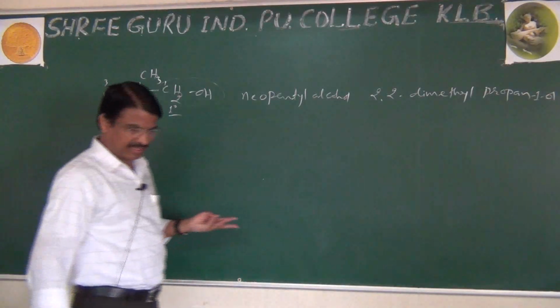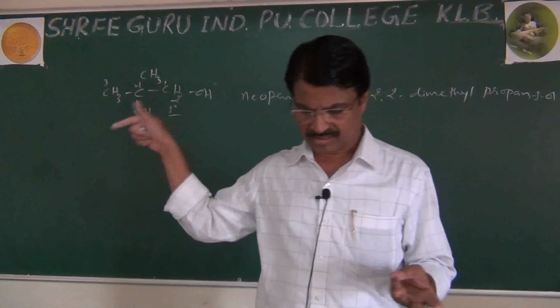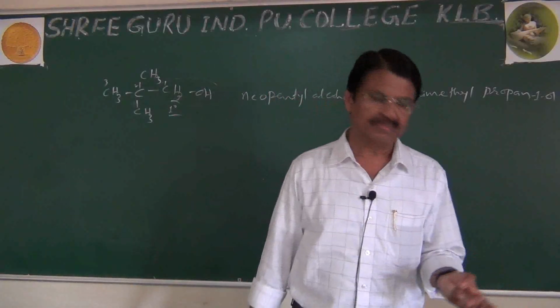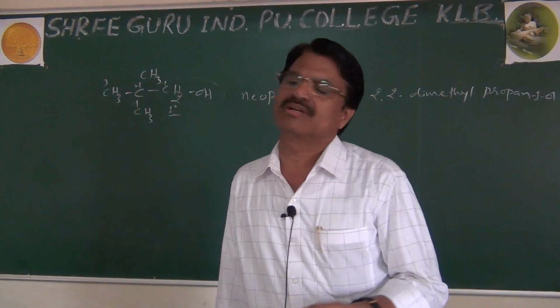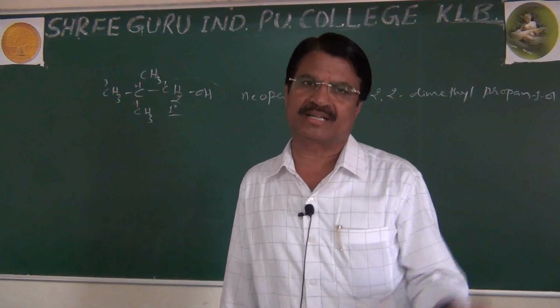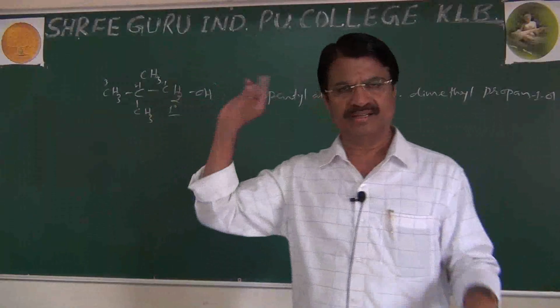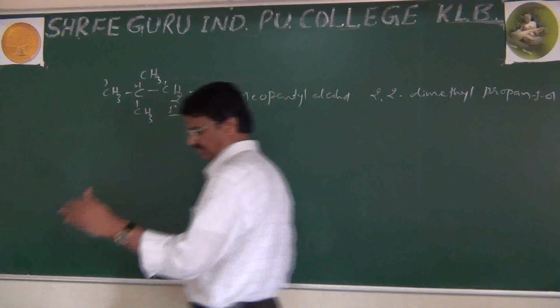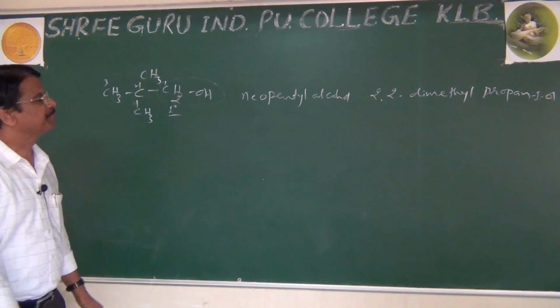Now about ethylene glycol and glycerol, in the classification I covered the name for ethylene glycol, ethane 1,2-diol, and glycerol, propane 1,2,3 triol. I already discussed the nomenclature of dihydric and polyhydric alcohols.